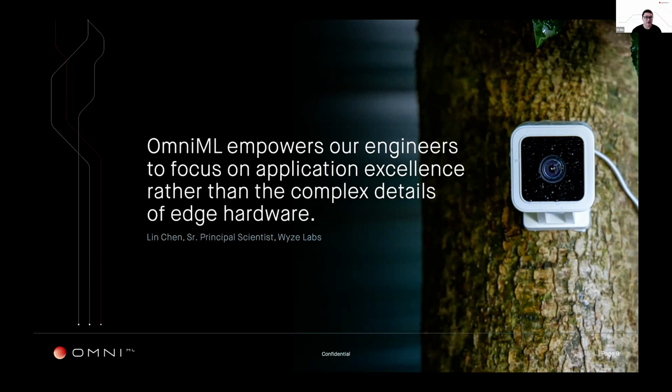Their engineers are able to navigate through the complexity of edge hardware as well as the algorithm, and then finally get models deployed on the edge, saving a massive amount of cost on cloud compute.